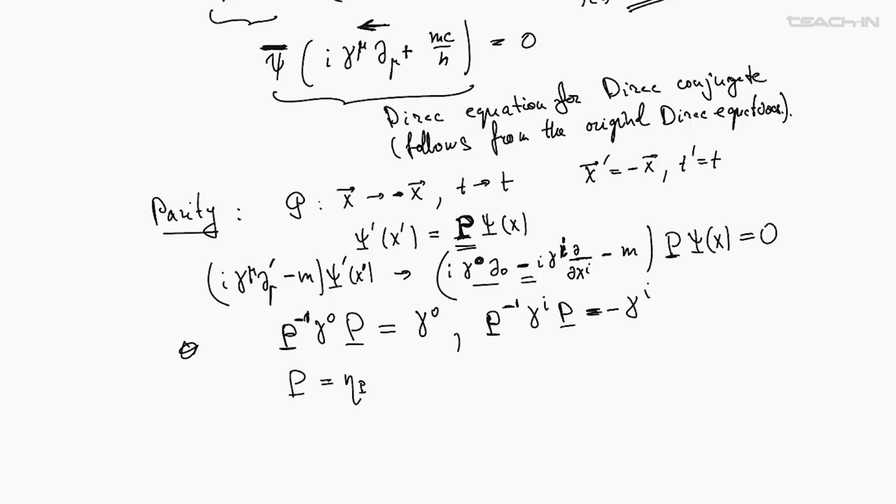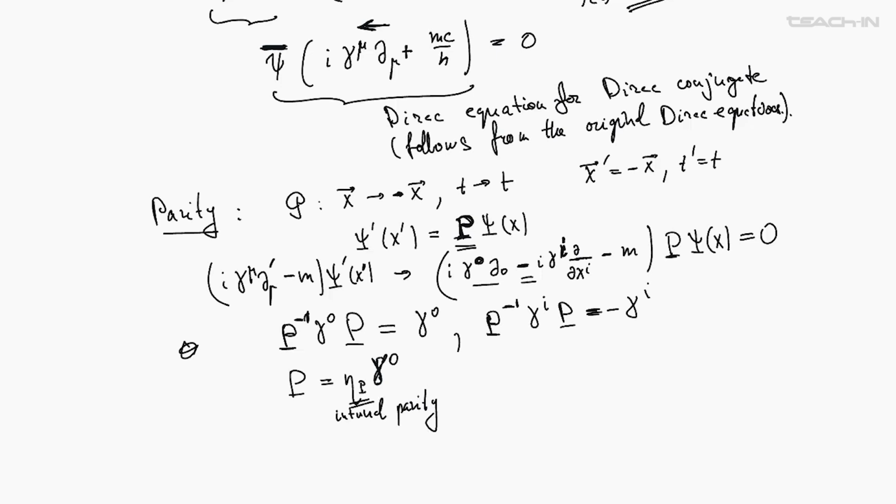So gamma 0 will commute with gamma 0, so the first equation is trivially satisfied. And then we know that gamma 0 is anti-commuting with gamma i's, and so the second equation will be satisfied. And since I'm taking P and P minus 1, this prefactor, which is a number, eta P, is called internal parity.